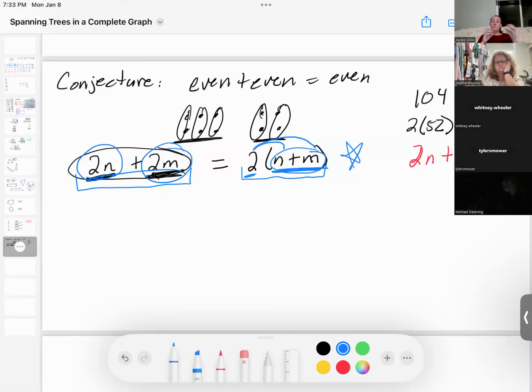And so 2n plus 2m equals 2 times n plus m. And again, you'd explain all that in words. And then you'd say, because an integer plus an integer is an integer, n plus m is an integer, and that means that the result 2 times n plus m is an even number, because even numbers are expressed in the form of 2 times an integer.